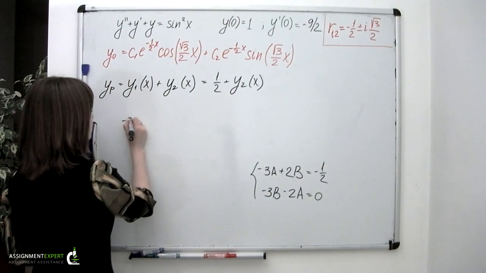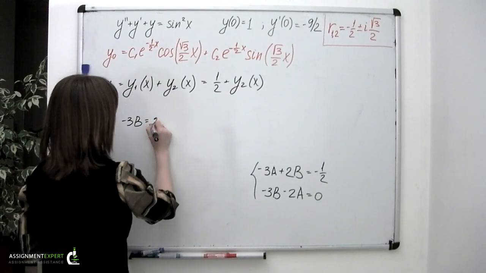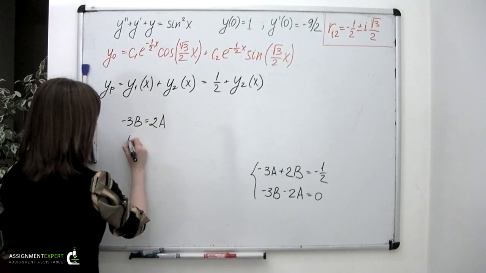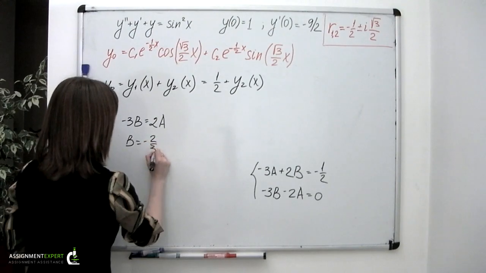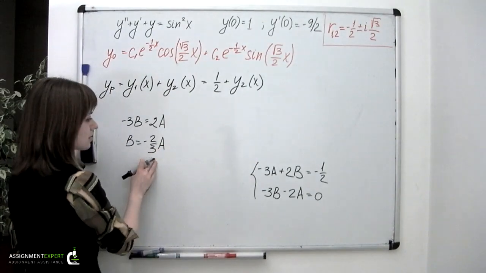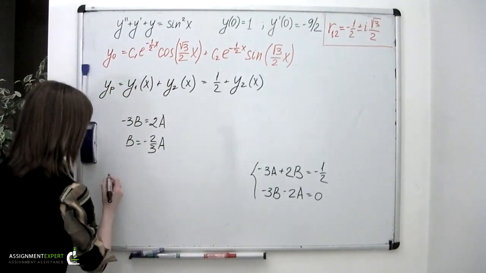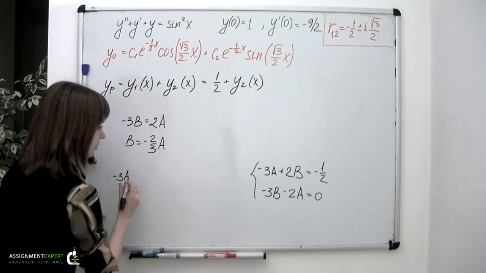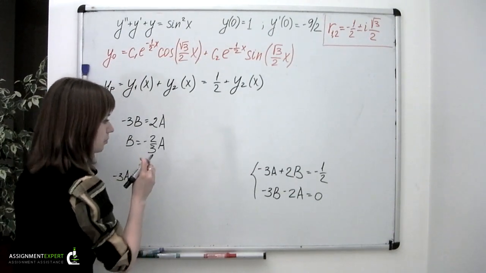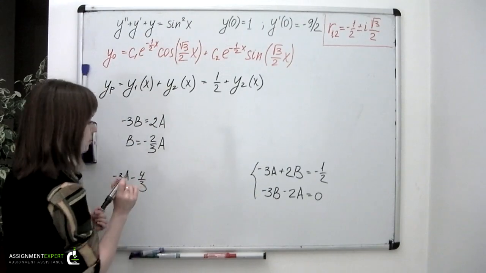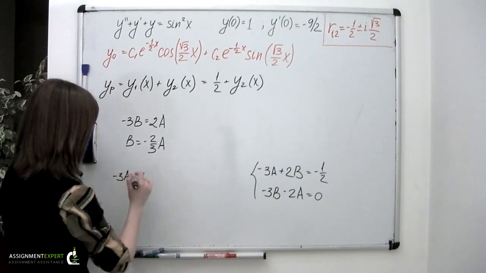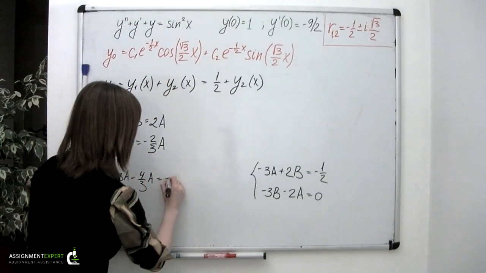So we go negative 3b equals 2a, and b equals negative 2/3 a, and then we substitute this into the other equation. So we go negative 3a plus, and plus turns into minus, minus 4/3, I believe so. Am I right? I suppose I am. Equals negative 1/2.